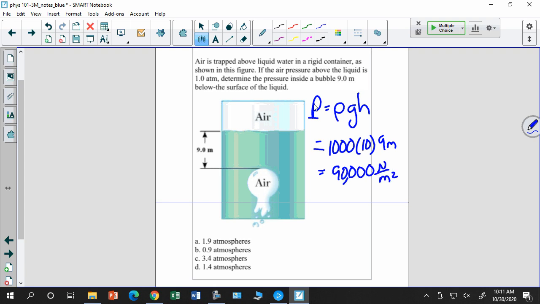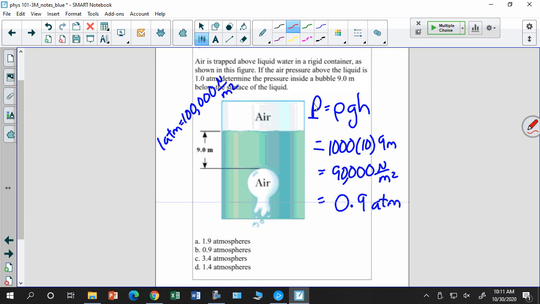Since 1 atmosphere equals 100,000 newtons per square meter, or 100,000 pascals, this is equivalent to 0.9 atmospheres. So if you put B at first, you are on the right track.